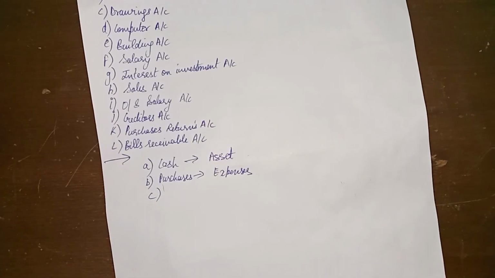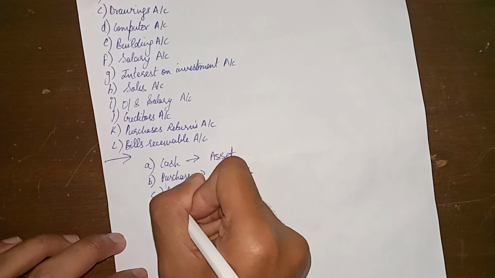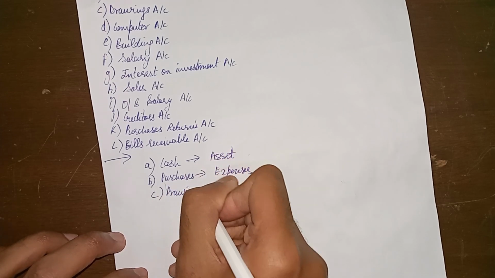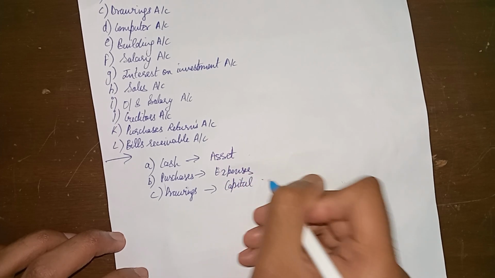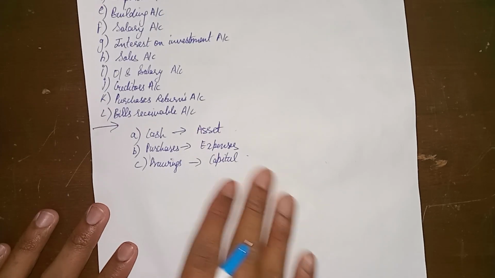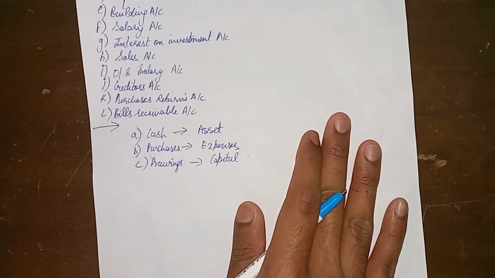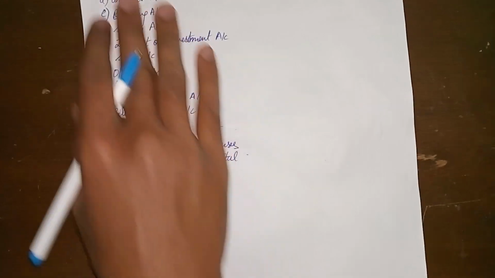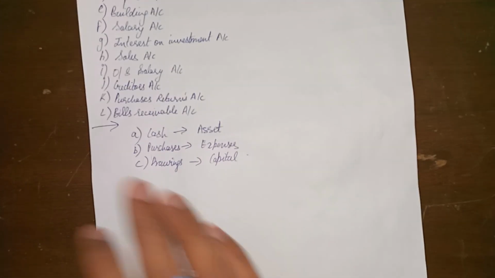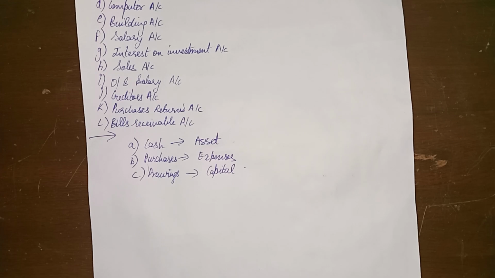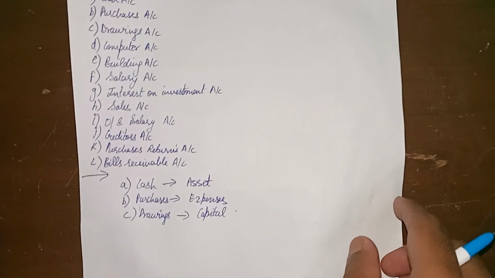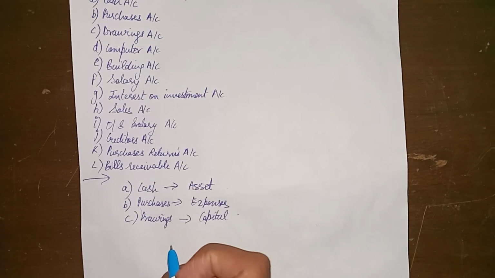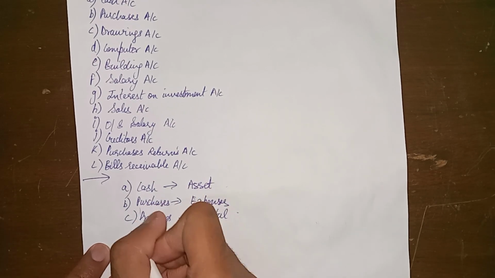What are drawings? Drawings are capital. No need for explanation, as you know that everything is from your basics of accounting. The next one, computers. Computer is an asset.